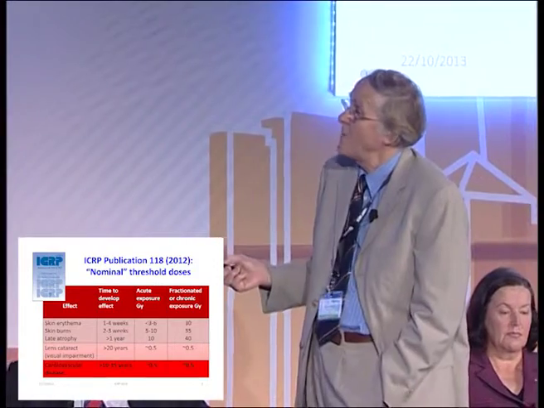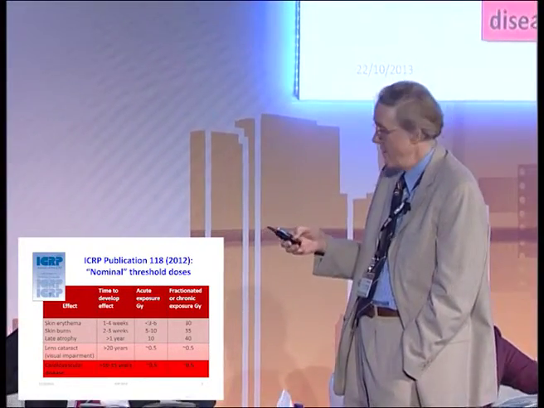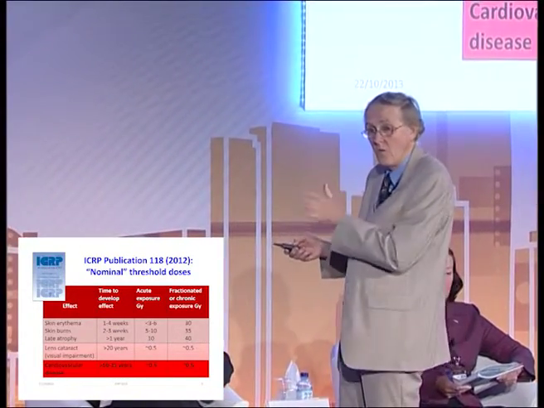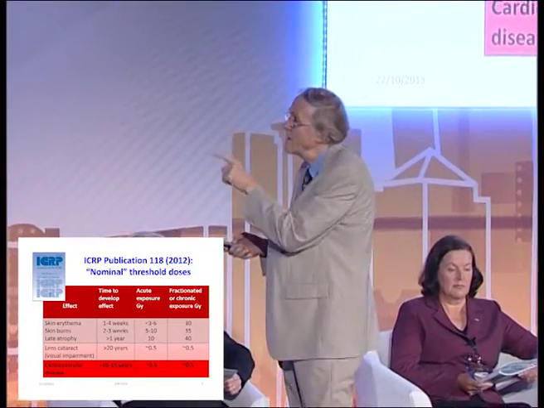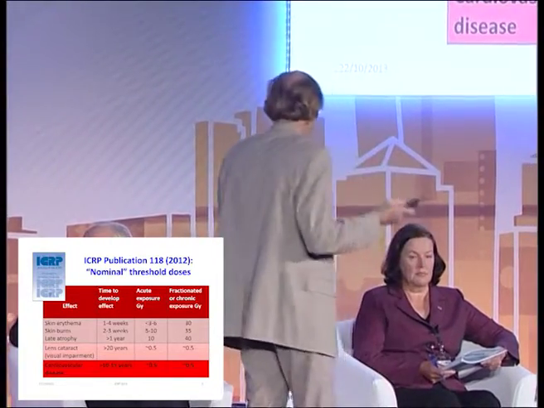It states about half a gray for acute exposures or chronic exposures. And the squiggle here, here, and here means about.